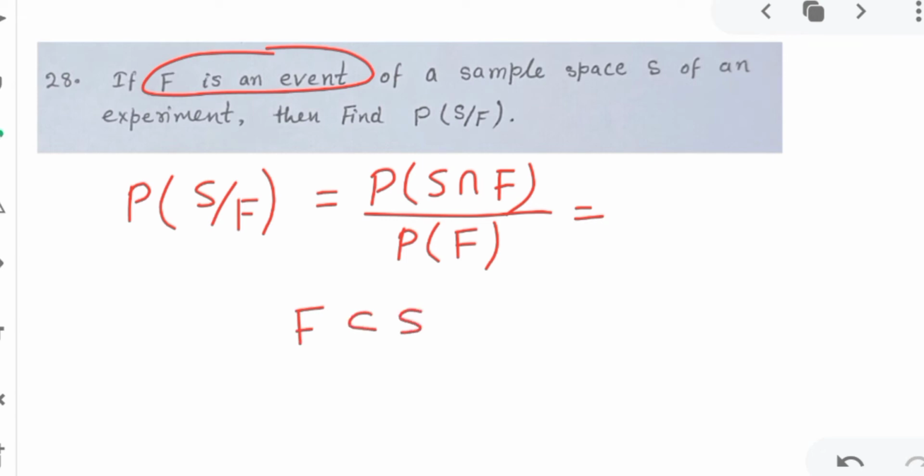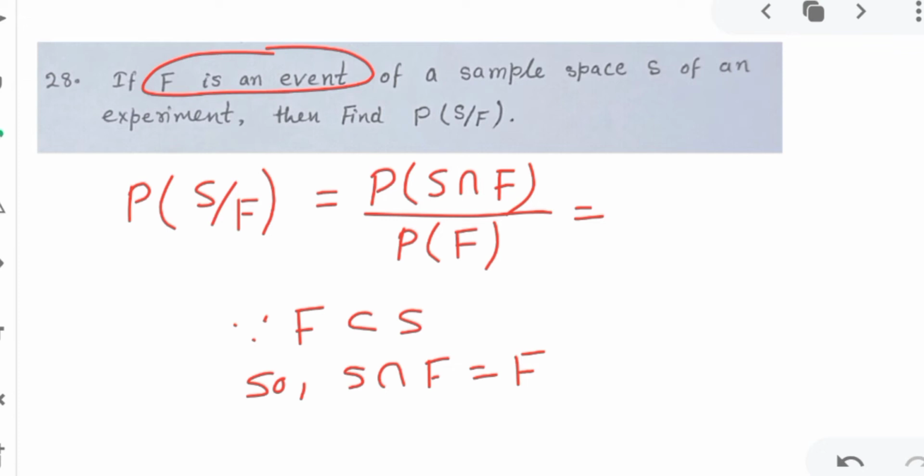Yes or no? S is a subset of S, and since F is a subset of S, we can say S intersection F, since this is the subset, the intersection part you will get as F only.